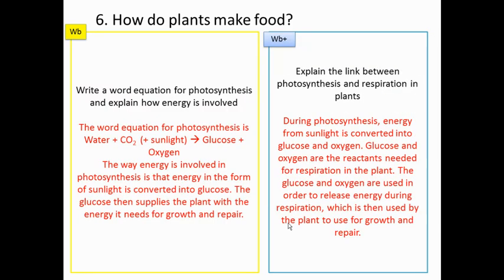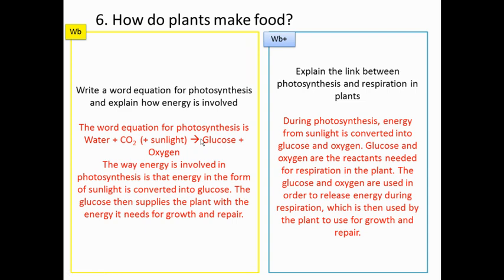So our working beyond, the word equation for photosynthesis is water plus carbon dioxide plus sunlight makes glucose and oxygen. So it doesn't matter what order you've got these in, as long as they're on the right side of the equation. Okay, so if you've put sunlight, carbon dioxide and water, it doesn't matter about the order, as long as they're on the correct side of the arrow.